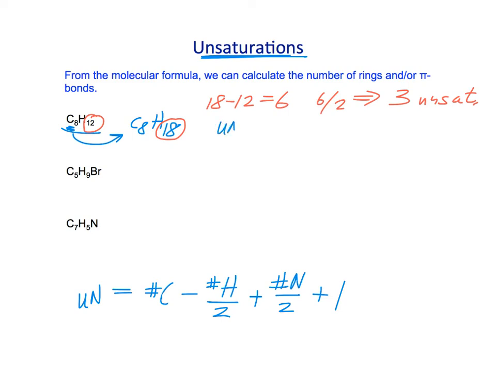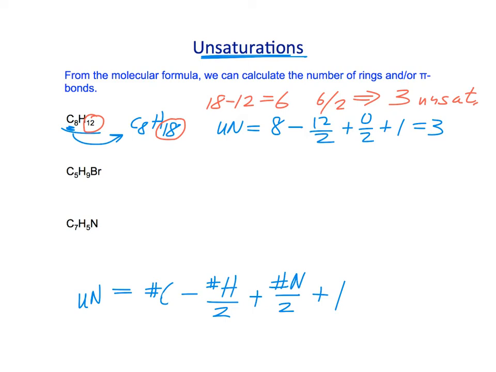The unsaturations equals, here we have 8, we subtract 12 divided by 2. There are no nitrogens, so plus 0 divided by 2, plus 1. So 8 minus 6 is 2, plus 1 equals 3.